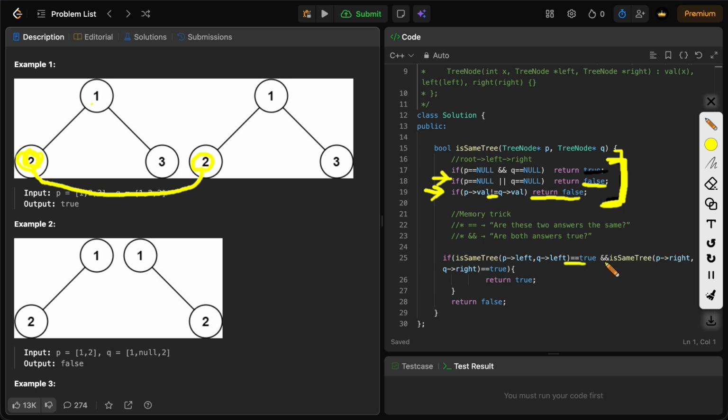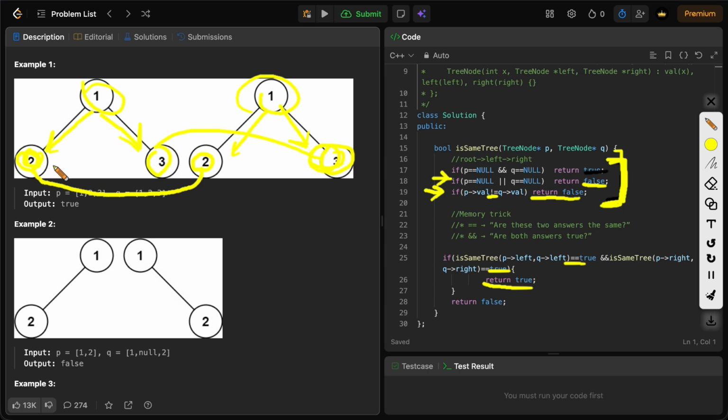And this right side is also not null, this is also true. So we will return true, means this root node has left and right, and this also has left and right, nothing is null.